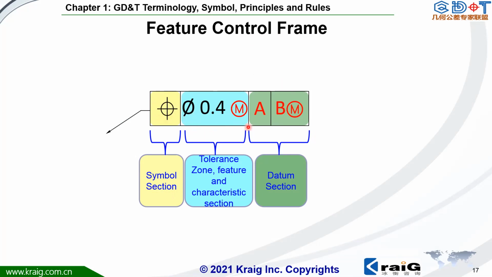The second compartment is the tolerance zone and modifier. You're going to put the tolerance zone here and some modifier here. The last compartment is the datum. It's going to be used to specify who is the datum and what's the datum sequence.